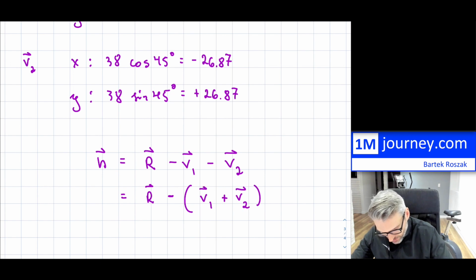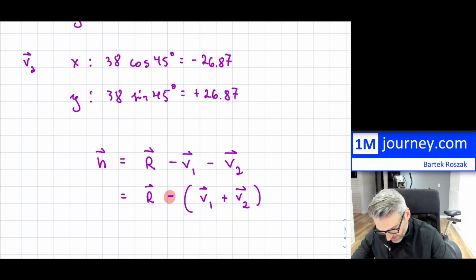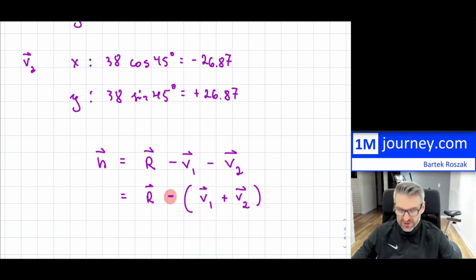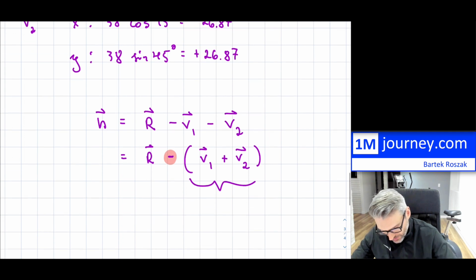I can add up my x and y components, and then it's going to be the opposite of that, because of the subtraction that I have in here. So let me do that. I can find out exactly what this is, the x component and then the y component.